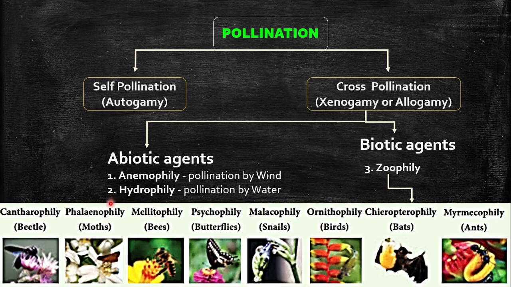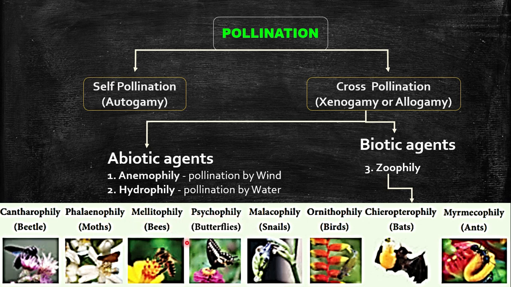The biotic agents, that is zoophily, have been variously classified based on the animals which carry out the pollination. First, cantharophily, pollination carried out by beetles. Next, phalaenophily, carried out by moths. A moth is an insect which looks like a butterfly, but it is not a butterfly. Melittophily, pollination carried out by bees.